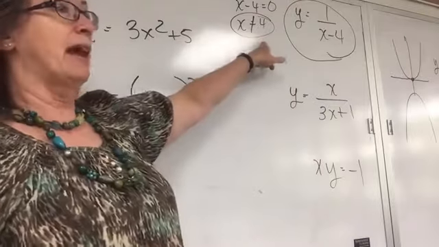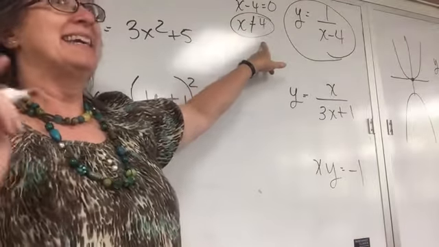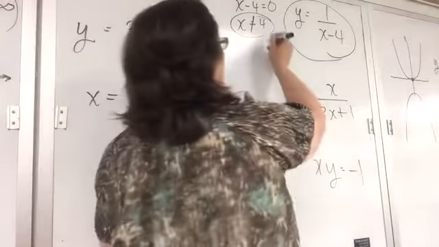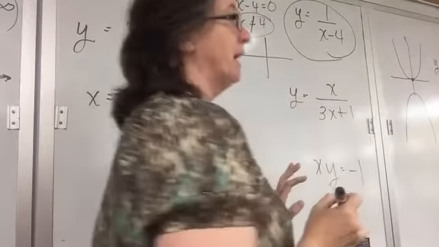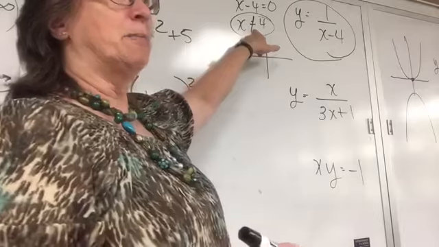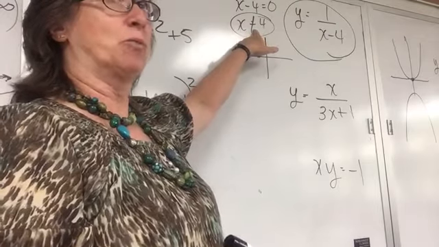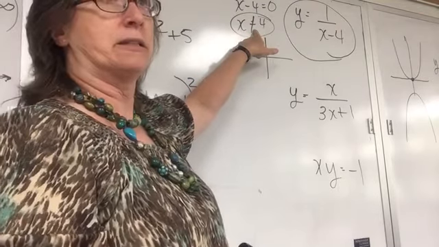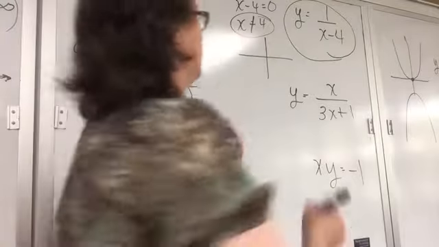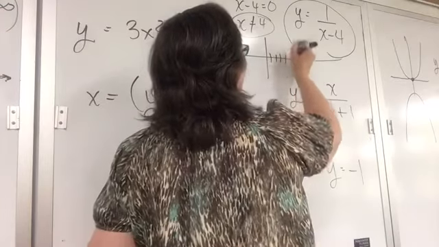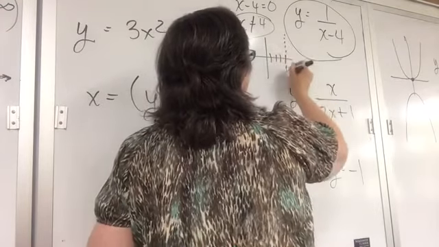All right, so now that I've found that point, guess what? I can graph this thing. I'm going to make a little bitty graph. I can graph this thing by leaving the asymptote where the no-touch zone is. So x is 4, cannot be touched. So 1, 2, 3, 4. There's my no-touch line.